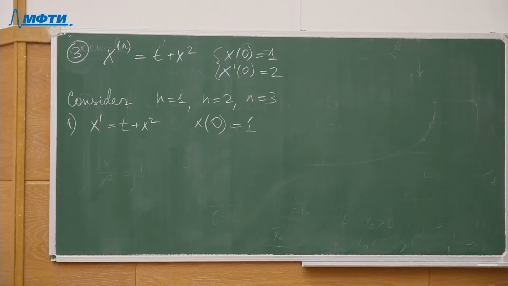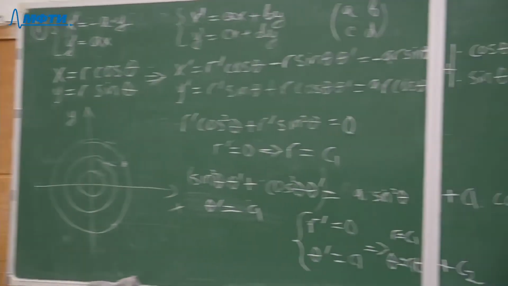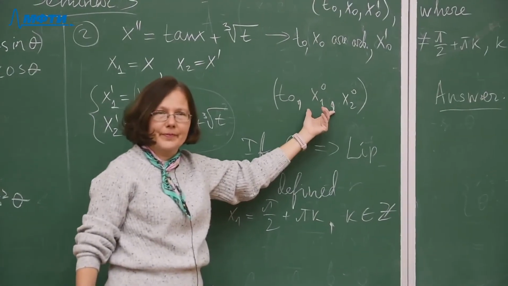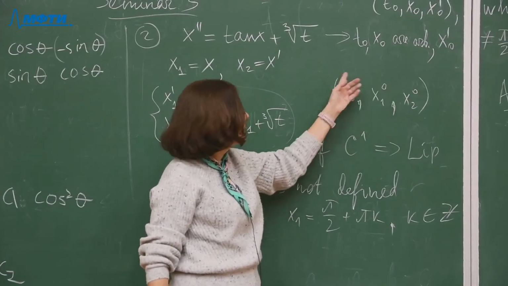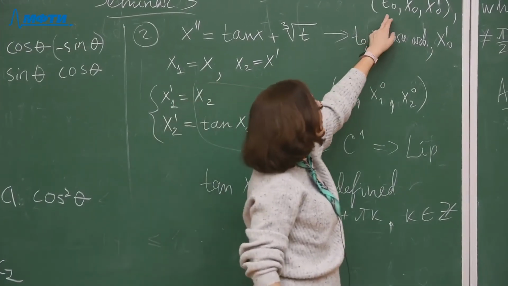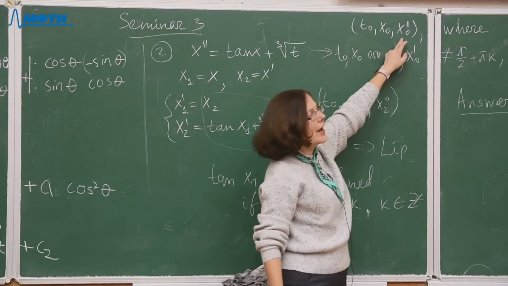Since the second order equation is equivalent to a system of first order equations, we need to know t0 and the values of these two functions at t0. And this initial condition goes to t0, x0, x0 prime.